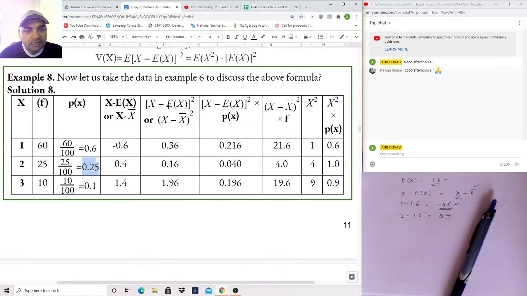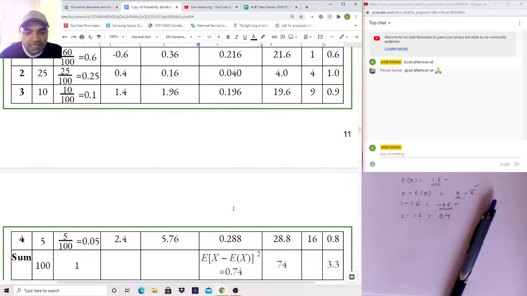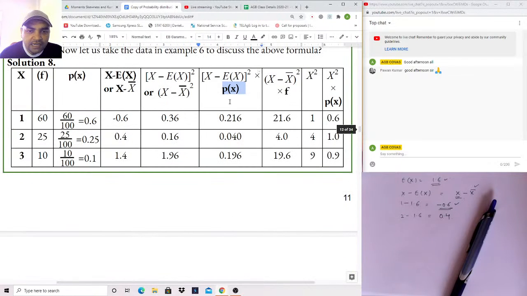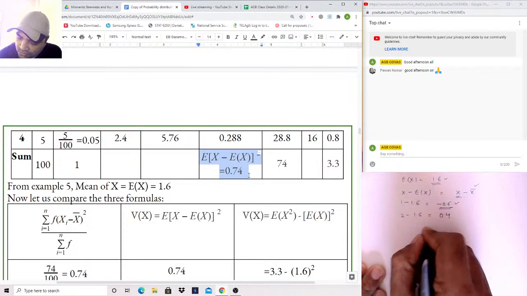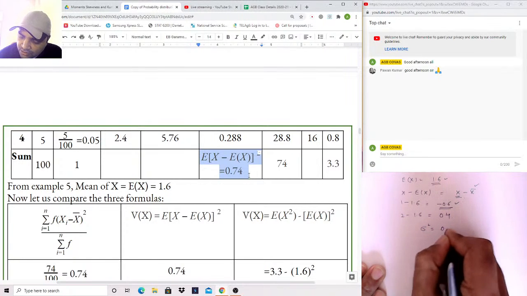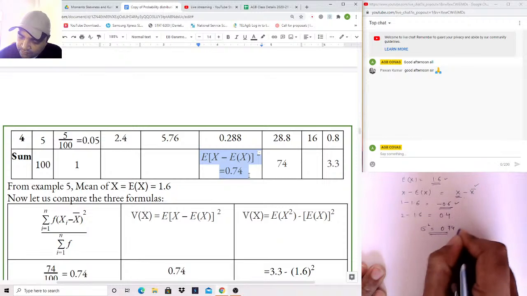This value into px, and the expectation of this value will be the summation of these. So when we will be adding, it will come out to be 0.7, which is your variance. So your variance will come out to be 0.7.